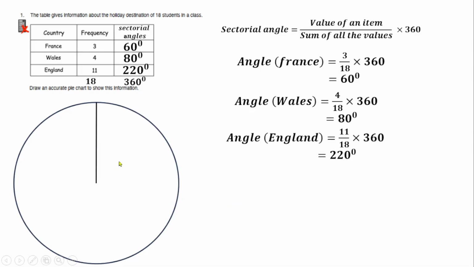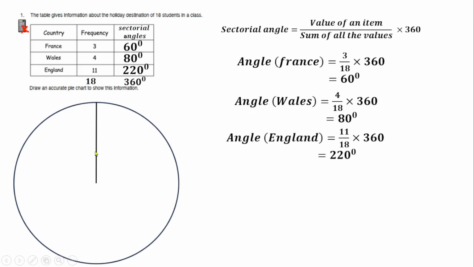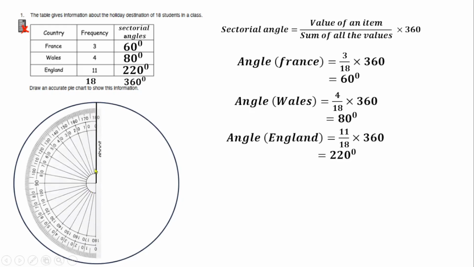Now at this junction, you start measuring your angles one after the other, and that is the work of a protractor. So after drawing my radius, you take your protractor and place it in such a way that this black straight line is on the radius you have drawn.